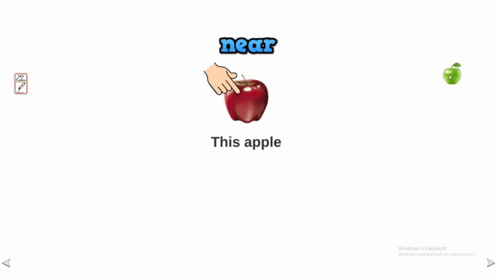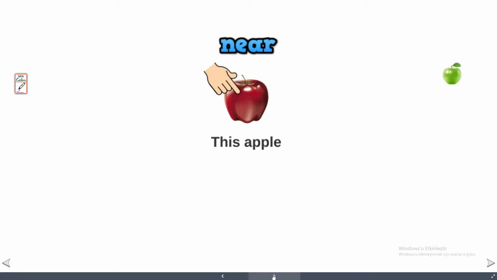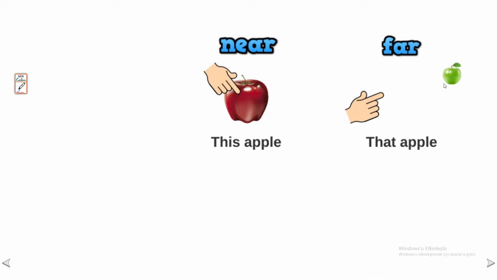This one is near, but this one is far, and I'm pointing at that apple, because it is far, not close to me. But this apple is near to me. That apple, but this apple. Don't you ever forget that.